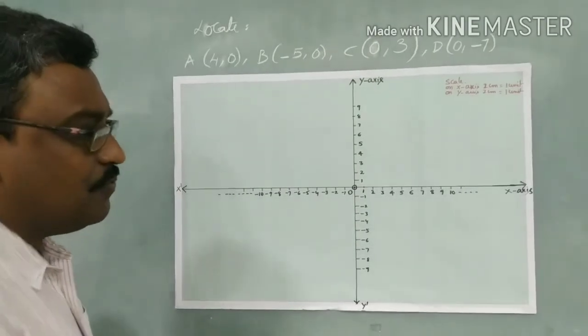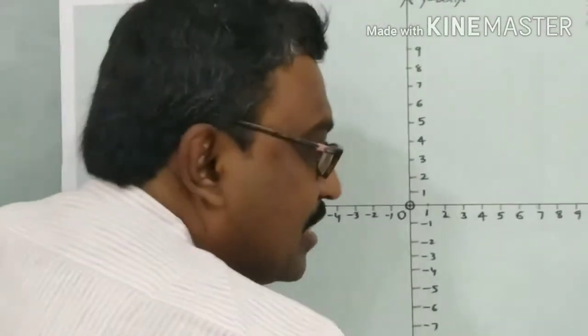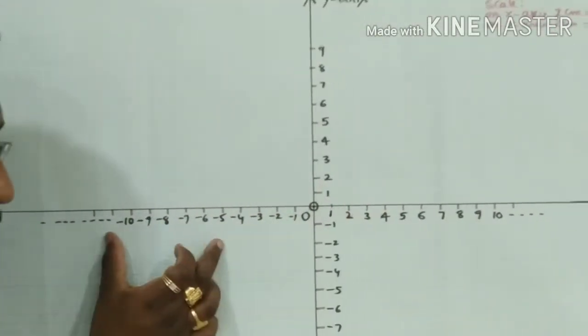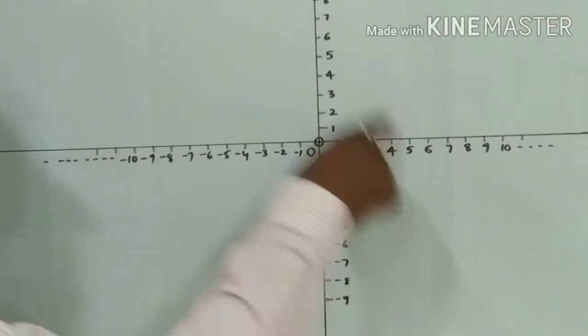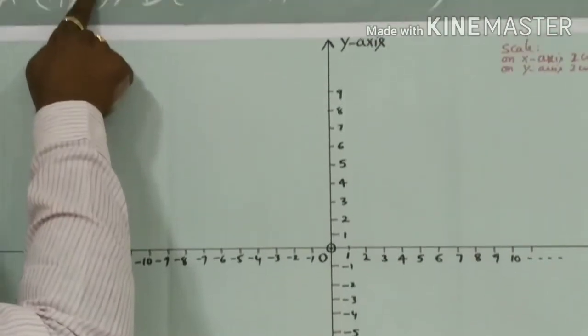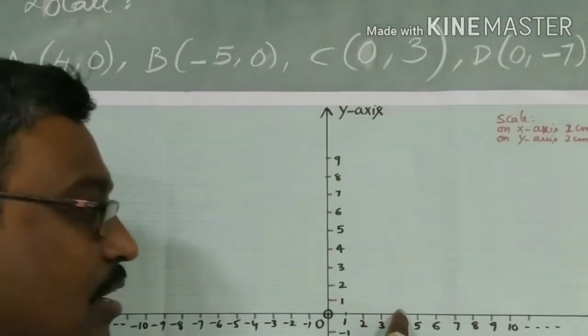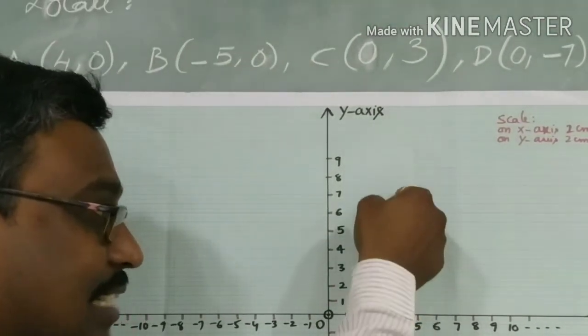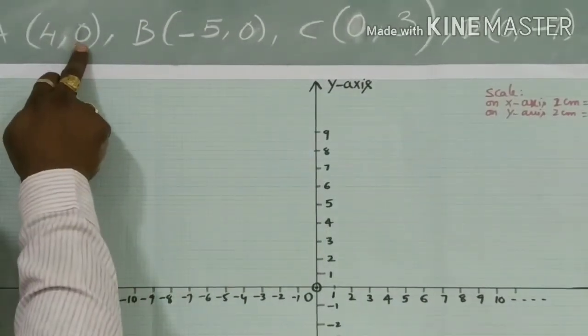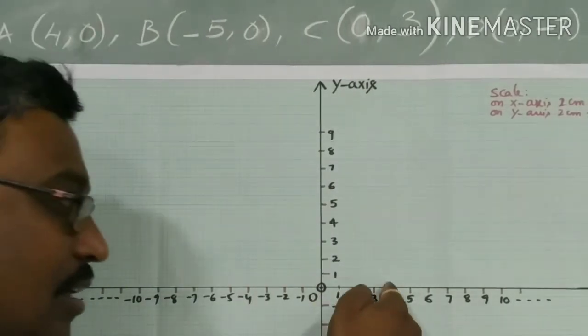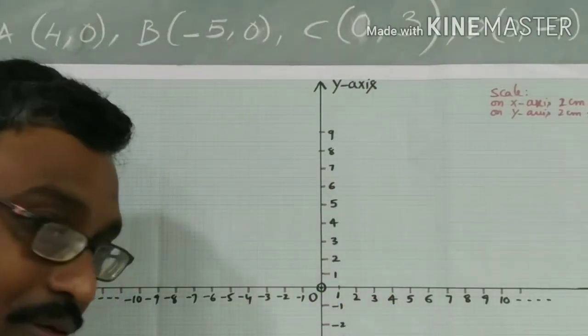Now, if x is 4, this is the x-axis, positive and negative. X is 4, so I am here. Suppose y is not 0, imagine it is 6, then I should go plus 6 above. If it is minus 5, then I should go down.